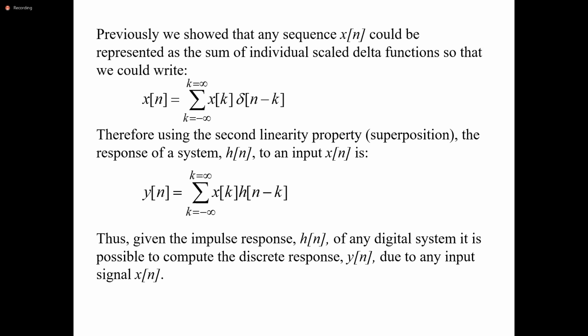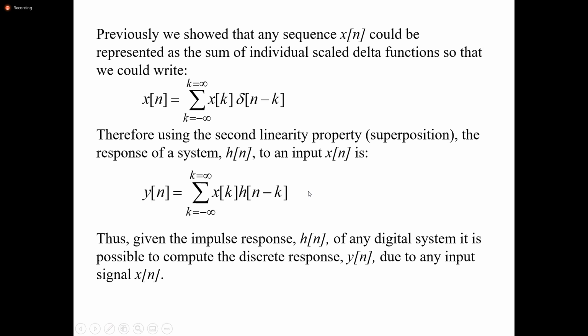That is your superposition. And therefore, the output at any given point in time, or nth value of the output, is determined by this equation here. And of course, it is a sum from minus infinity to plus infinity of all the individual operations that went on in that system.